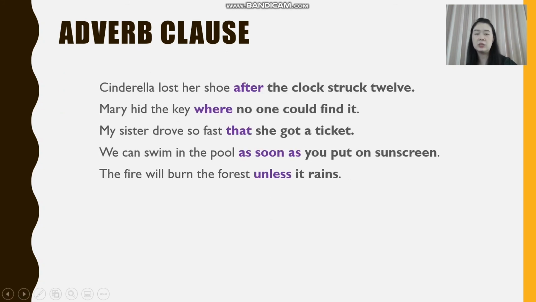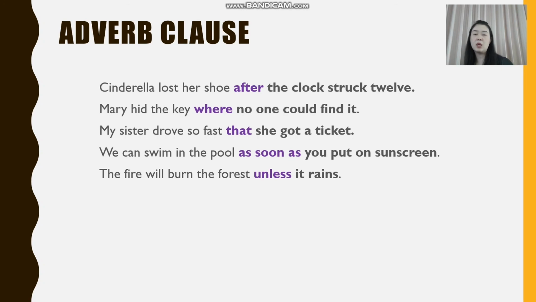The first one, Cinderella lost her shoe after the clock struck 12. So in this sentence, you see that "after the clock struck 12" is used to modify the word lost, right?